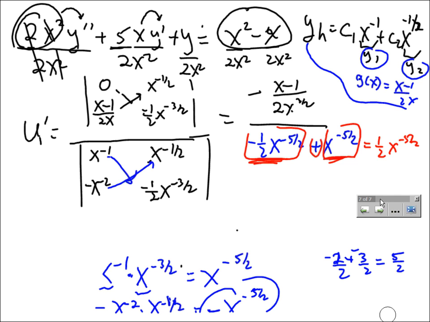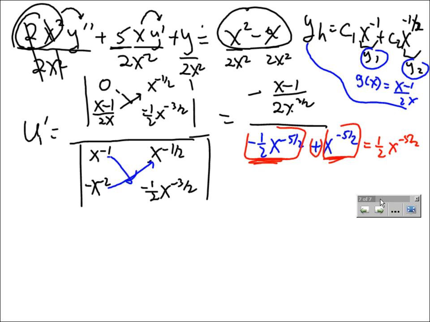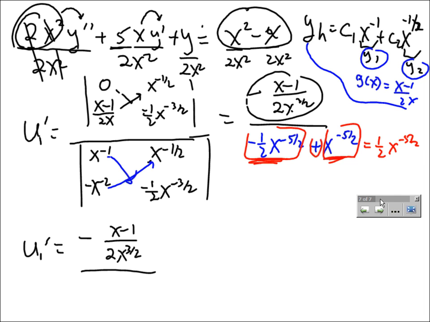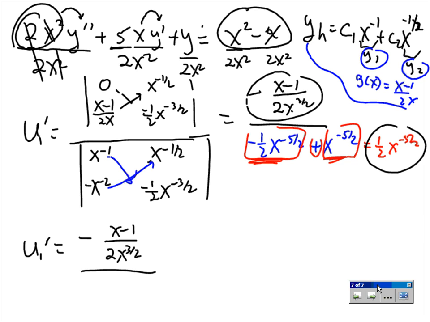Okay, so let me do that division in front of us. I'll write down precisely what division I mean, and we'll move on. U1 prime is this on top, negative x minus 1 over 2x to the 3 halves, divided by this. Now, this is the same as 1 over 2x to the positive 5 halves.